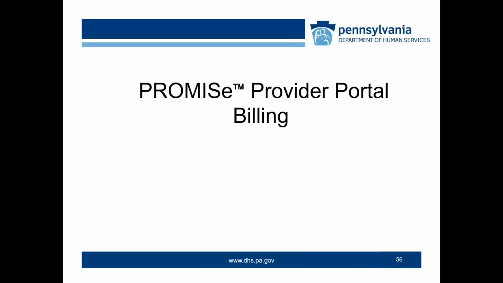So let's say you have an office you're going to practice in Hershey, then say the service location would end in 0001. That would denote your Hershey office. If you were going to open up another office or practice in, say, Harrisburg, then you would get another service location for that site as well.